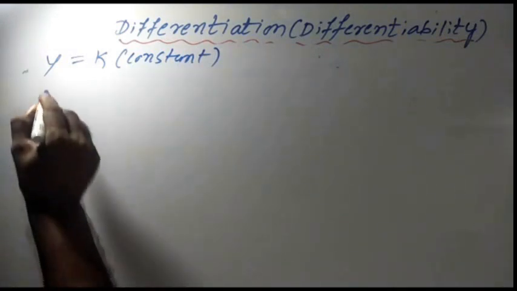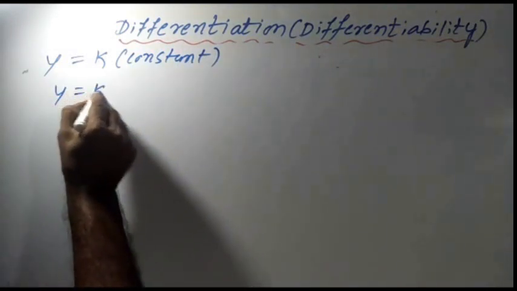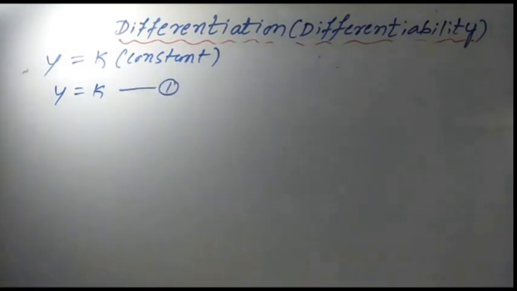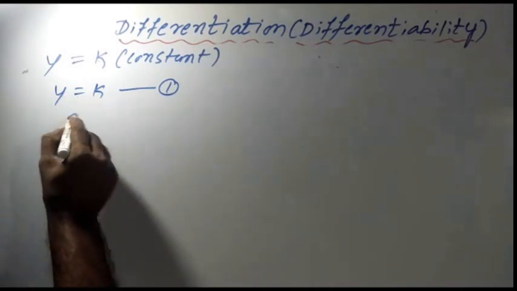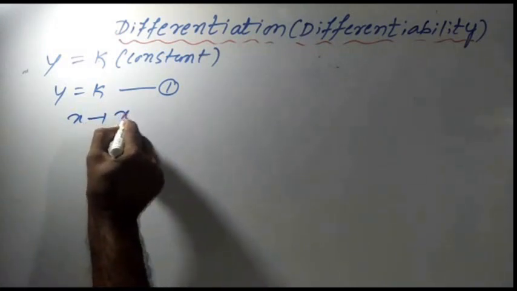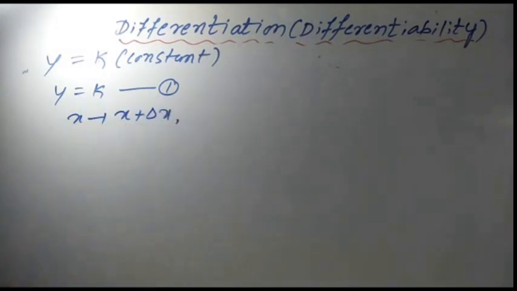Now we take y is equal to k. This is equation number 1 or result number 1. Then suppose in this case x changes to x plus delta x, then y cannot change because y is equal to k is a constant function.